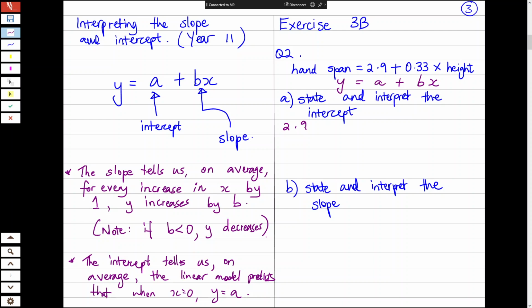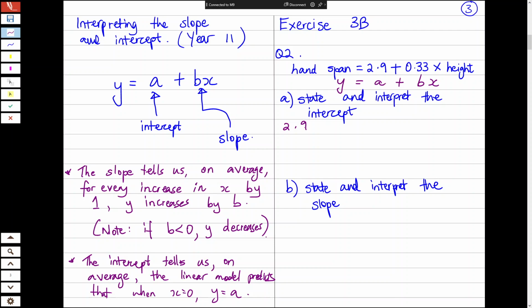So whenever you get an equation like this today, you're assuming that this equation has arisen from some analysis using linear regression. Also notice that they haven't written y and x; they've written them in words.